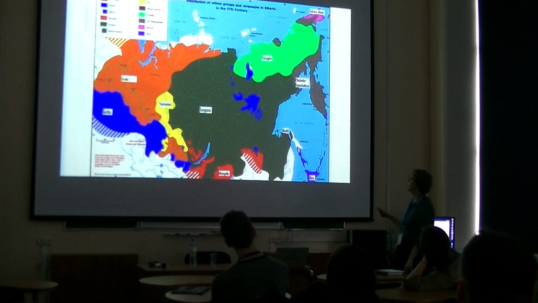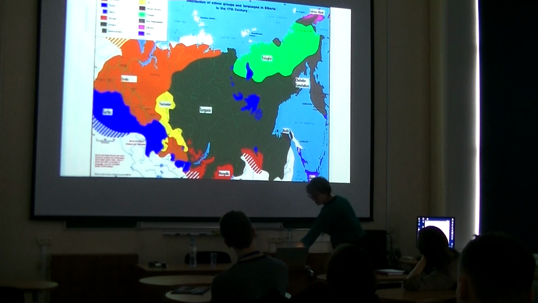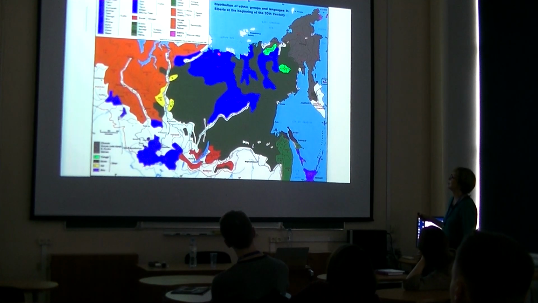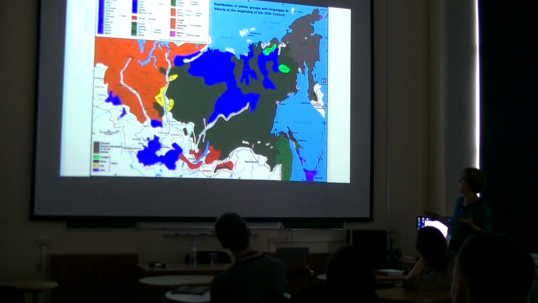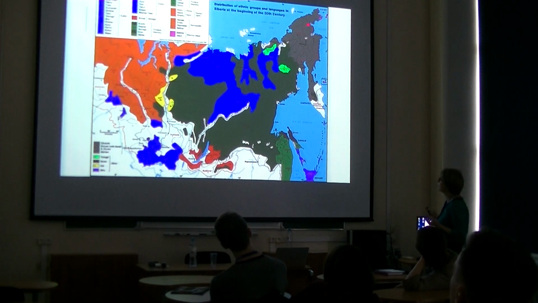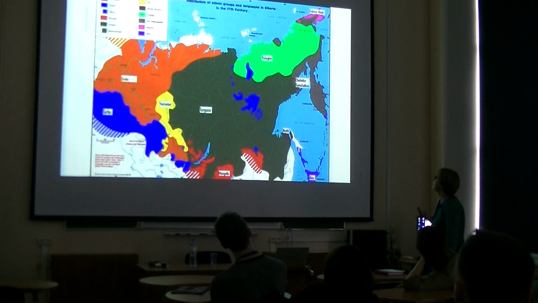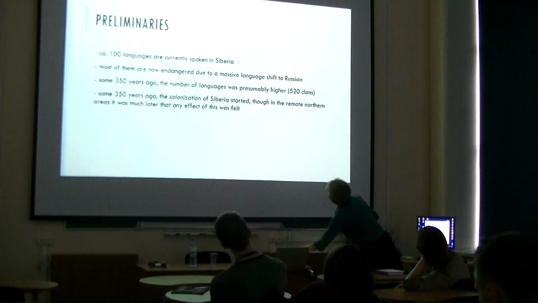And then look at the Yakut. Blue is Turkic, and this is the Turkic language Yakut, which was just a little bit in the 17th century, and then it's all over central Siberia and the western part of eastern Siberia. And this, in a sense, was not connected with Russian colonization, it was just the expansion of Yakut. The same is true for Chukchi, who occupied quite a small territory over here, but expanded to the west.